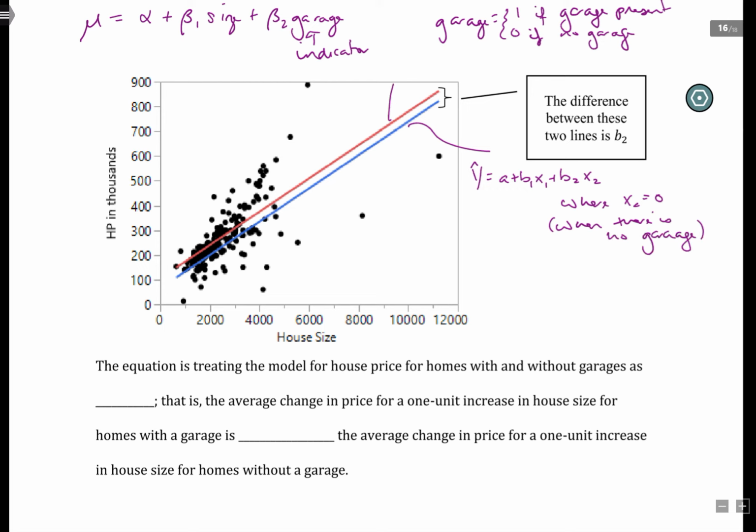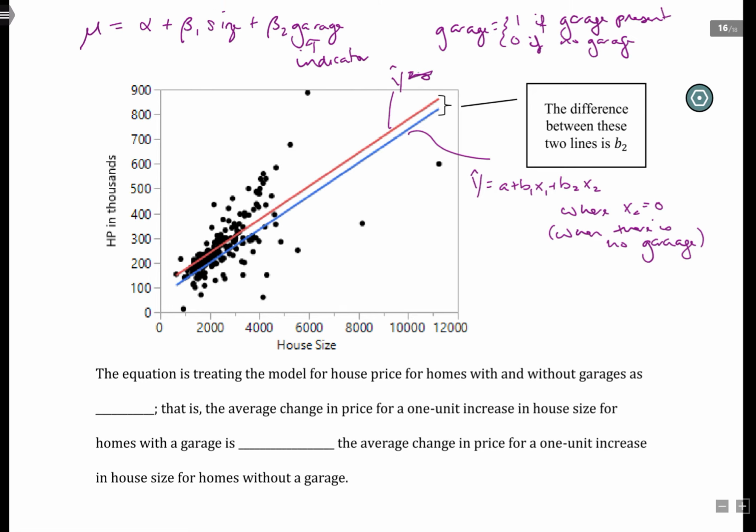The red line represented the same prediction equation when x2 equals 1, that is, there is a garage. Again, not counting the number of garages, just indicating if there is a garage when x2 equals 1, and no garage when x2 equals 0.